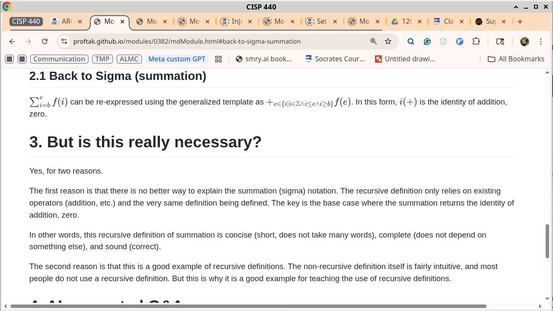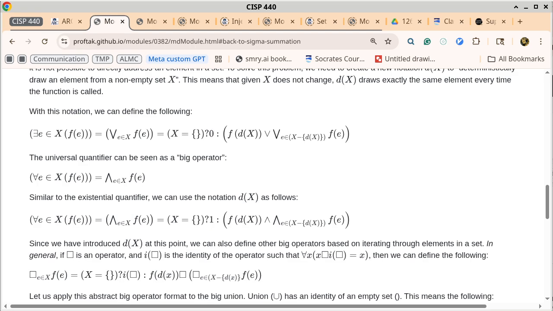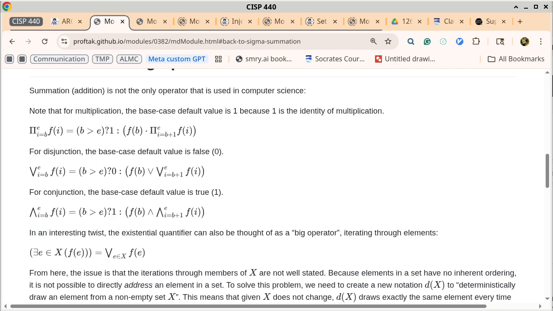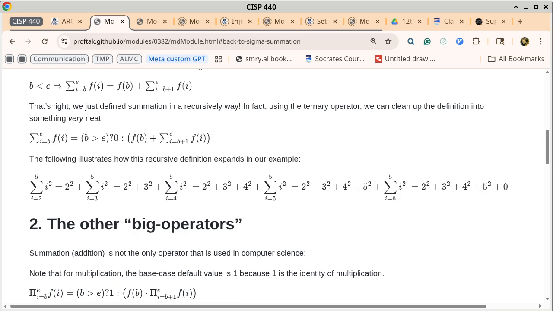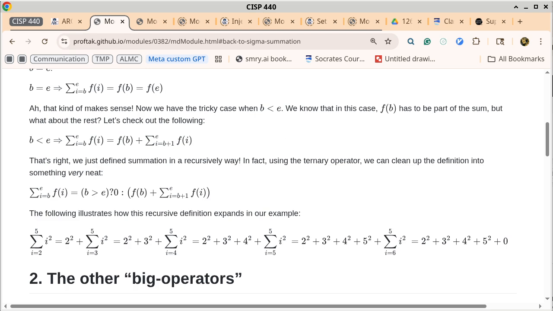And the sigma notation is, let me see. There we go. So the sigma notation is explained here, and this is the final form of the sigma notation. This is the original sigma notation.